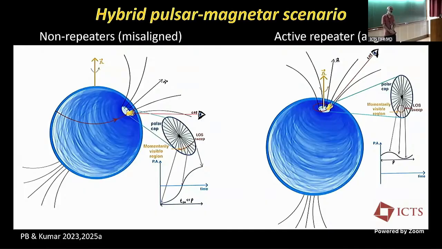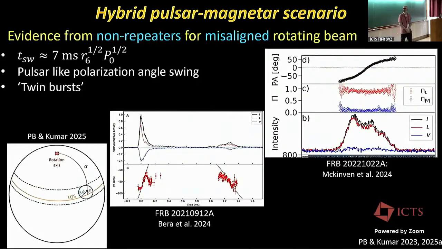And active repeaters are cases where you have this very rare, but we saw from the previous slides that very rare is okay, in fact it's something that we need here, alignment between the magnetic axis, spin axis, and the observer axis. And this explanation seems to have a nice way of explaining the data that is observed, both for non-repeaters and repeaters.